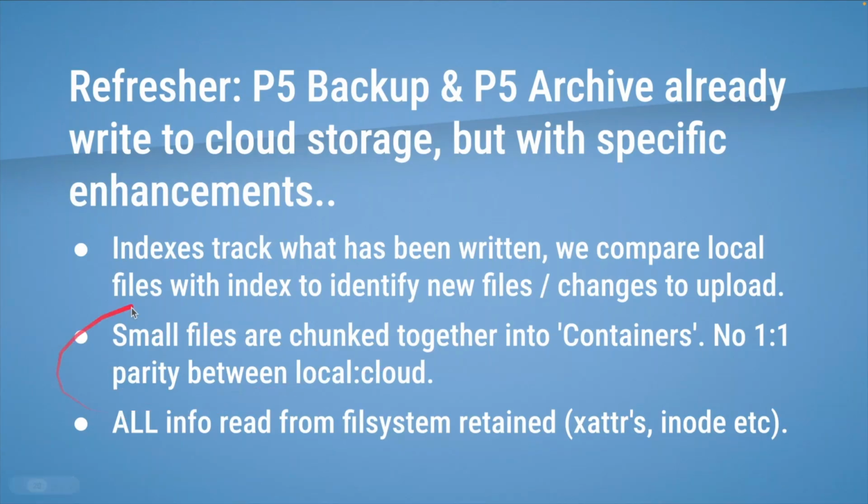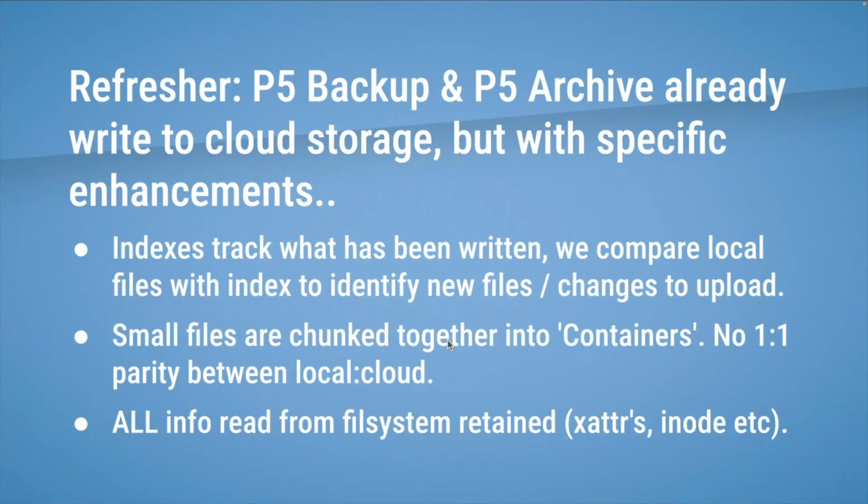The second thing is that when you're using P5 Backup and Archive, small files are chunked together into containers. This means that there's not a one-to-one relationship between the files on your storage and what goes into the cloud bucket. There's no parity between the local and the cloud, but we do this for a reason. Also, we store all of the information that we get from the file system alongside what we're writing to the cloud and in our index.